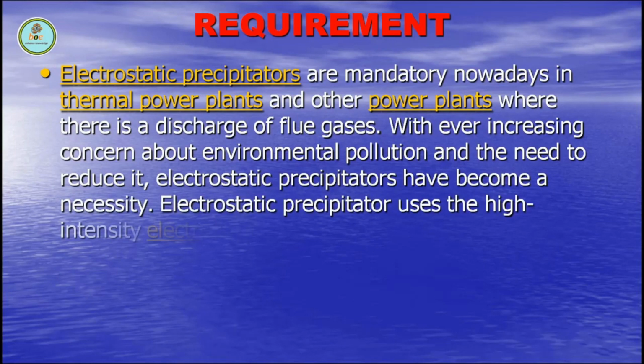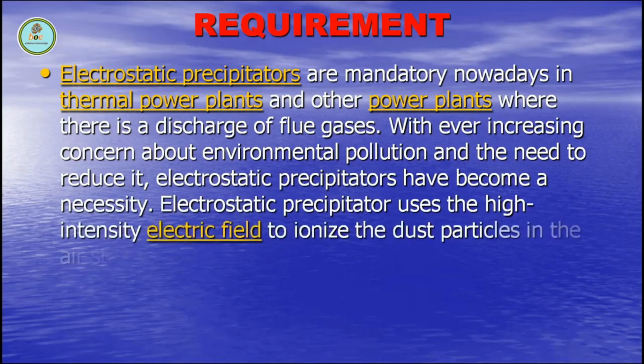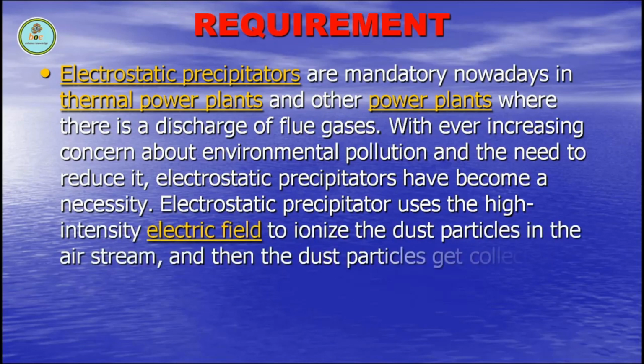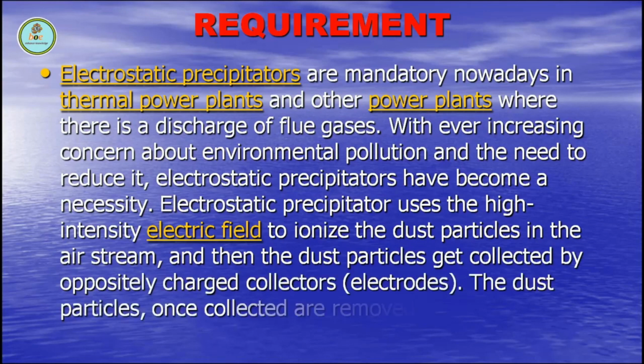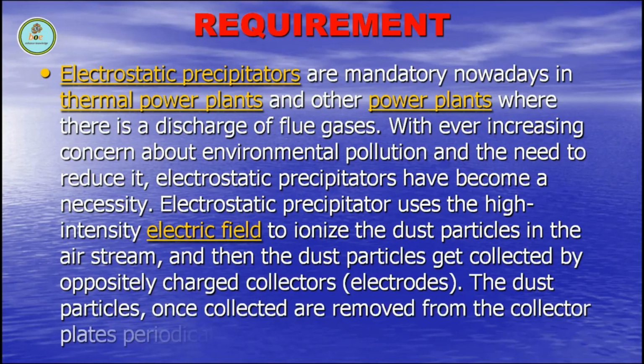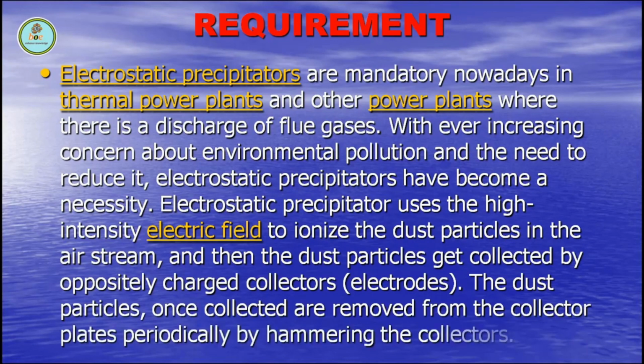Electrostatic precipitators use a high intensity electric field to ionize the dust particles in the air stream, and then the dust particles get collected by opposite charge collectors. The dust particles once collected are removed from the collector plates periodically by hammering the collectors.